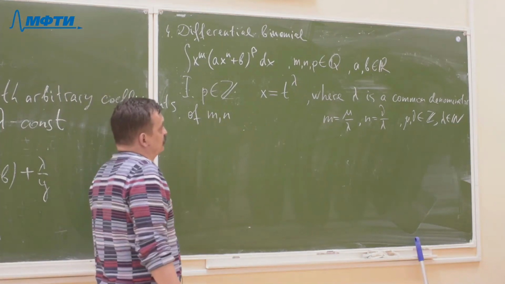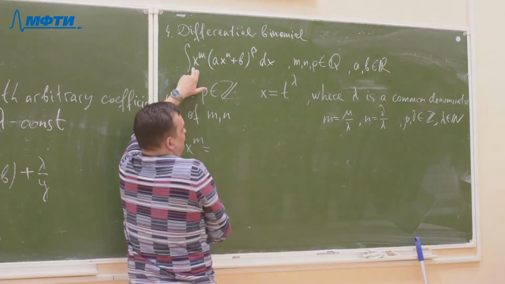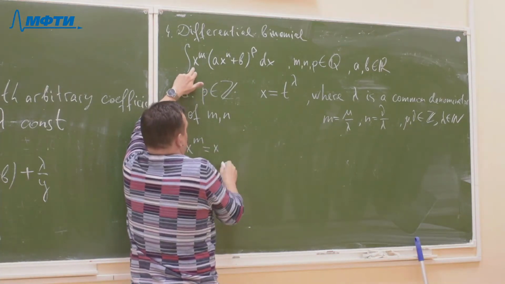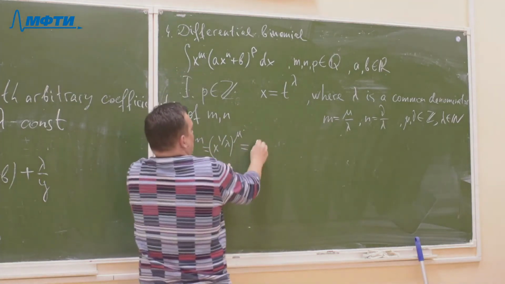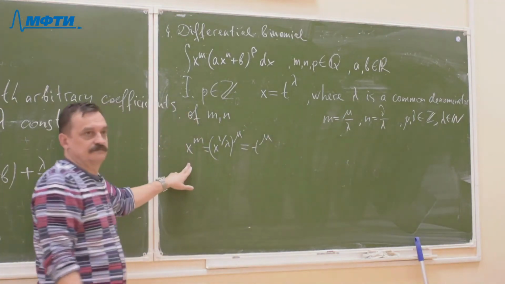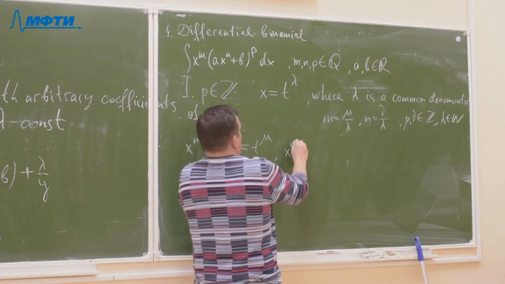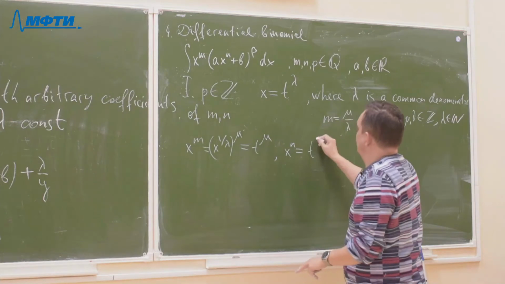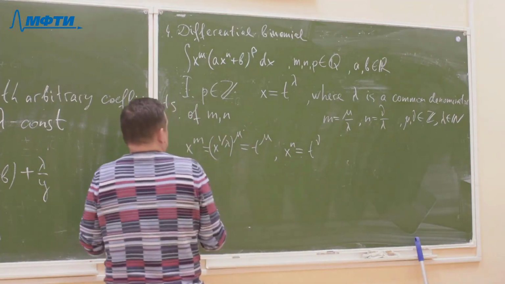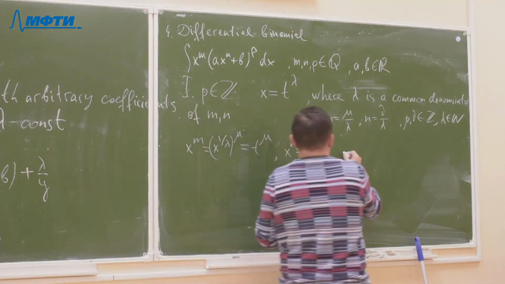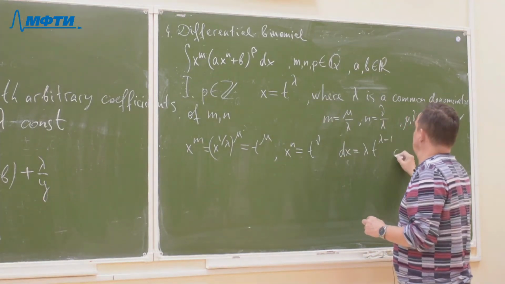What will happen if we substitute? What is x to the power m? That is x to the power 1 over lambda, to the power mu, or t to the power mu, right? Analogously, x to the power n equals t to the power nu, and also dx equals lambda times t to the power lambda minus 1 dt.